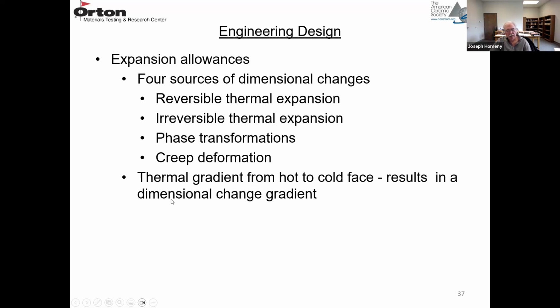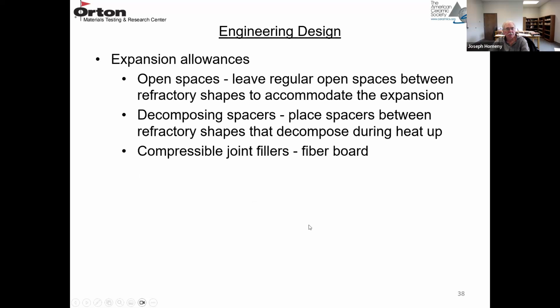That results in a dimensional change gradient. So these expansions, whether they're reversible or irreversible, are going to take place more rapidly and completely at the hot phase because of this thermal gradient.